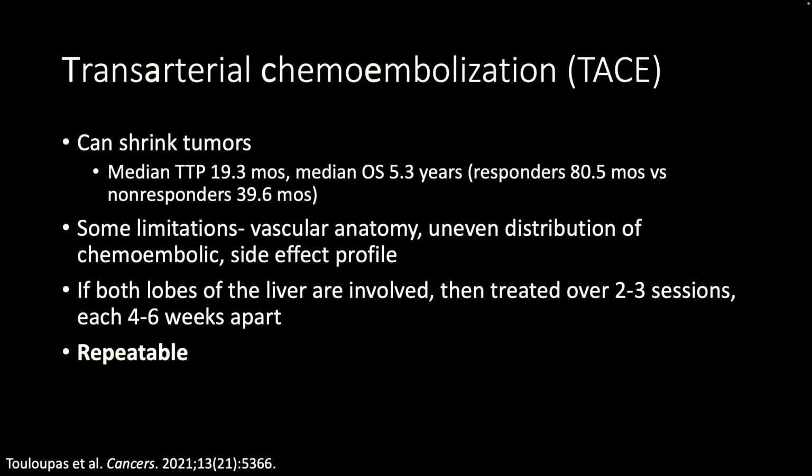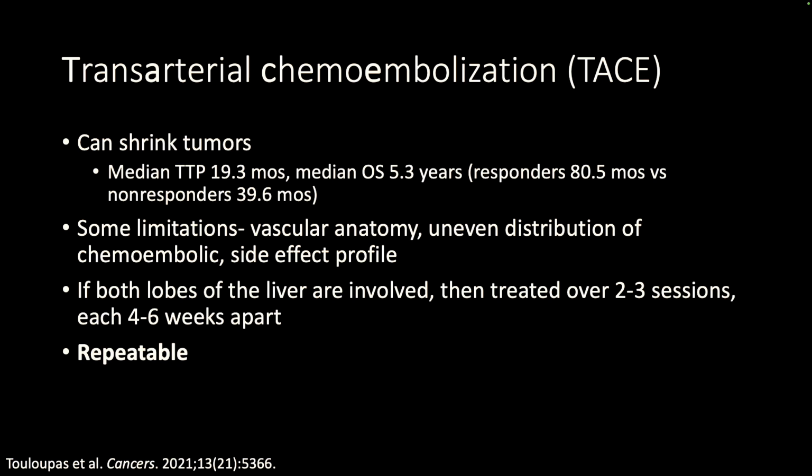Median overall survival was 5.3 years. And they looked at responders. Those patients whose tumors shrank when they got chemoembolization lived on average 80.5 months, which is really good, versus the ones that did not respond. If they got chemoembolization and didn't really respond, that portended a not as good prognosis, and they did not do as well. But the therapies do work.